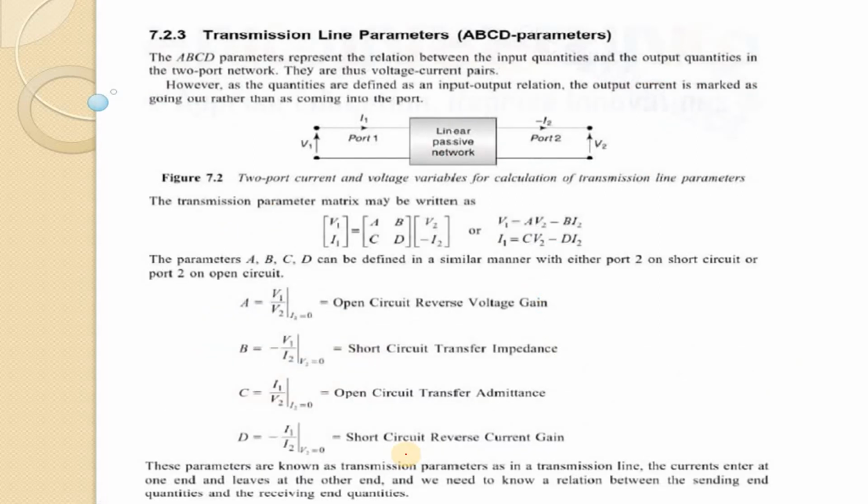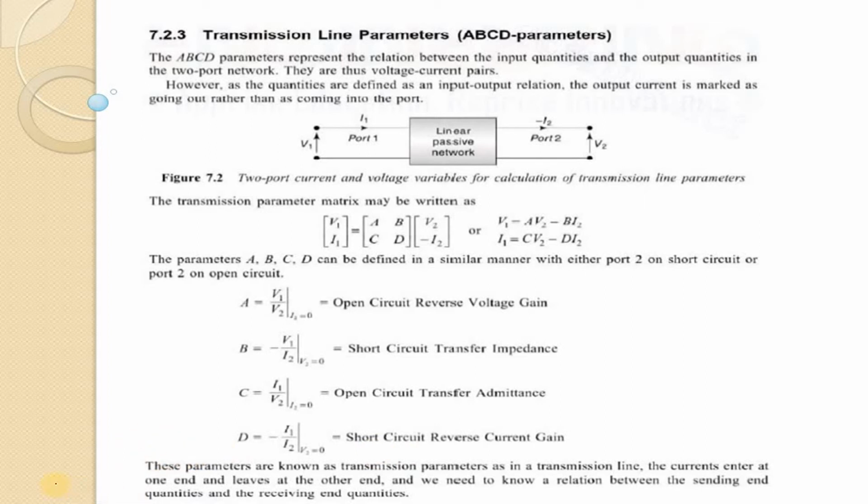Now we are going to the third point, that is, transmission parameters or ABCD parameters. The ABCD parameters represent the relation between input quantities and output quantities in the two-port network, and they are voltage-current pairs.